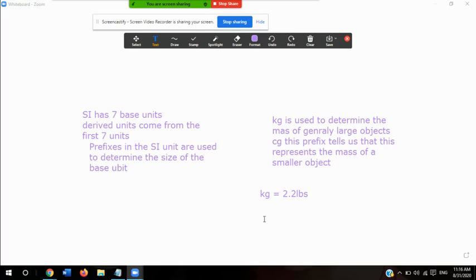If you go on to the next page, it goes on to say that the gram, G, which is 1/1000 of a kilogram, is a more useful measurement for measuring the masses of smaller objects such as flasks and beakers. So let me clear this so that I can write down what I just mentioned.